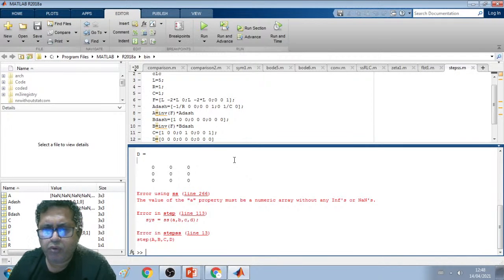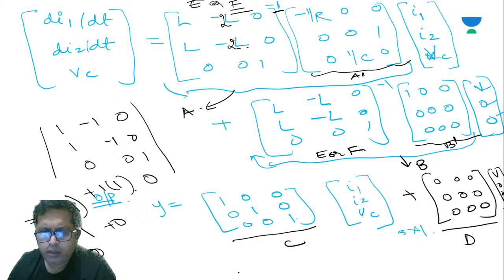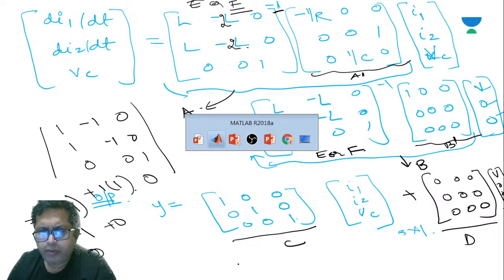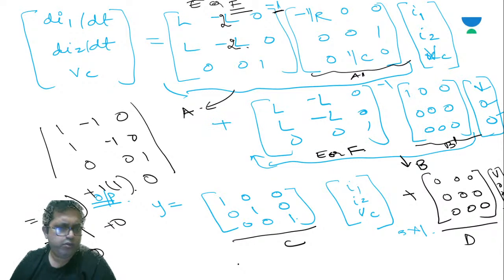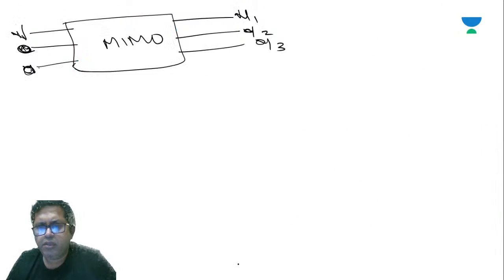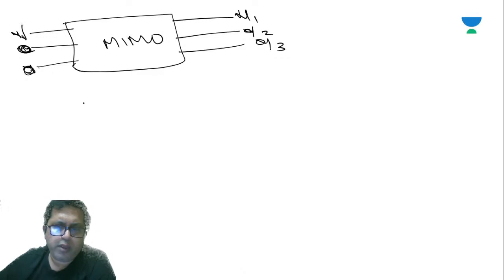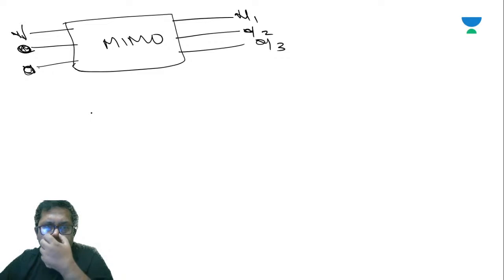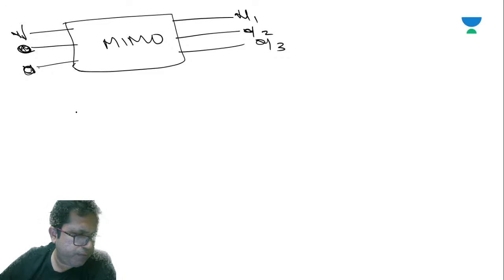So whatever value this F is coming out to be, determinant of F is 0, therefore the matrix inverse does not exist. Okay, so let us see another system. This is as good as a MIMO system. Okay, so let us see another topic.